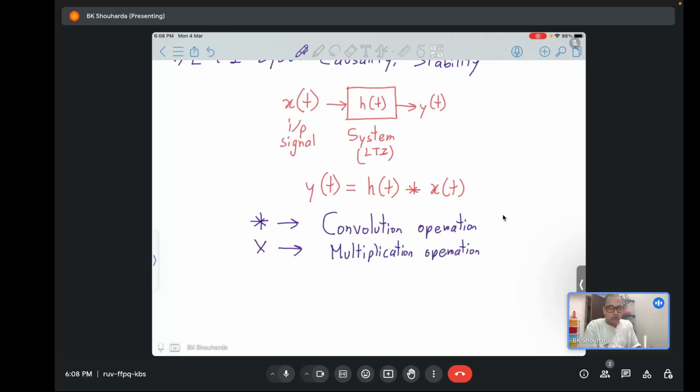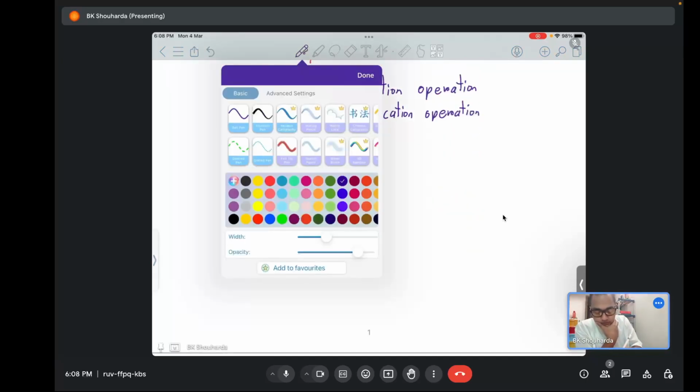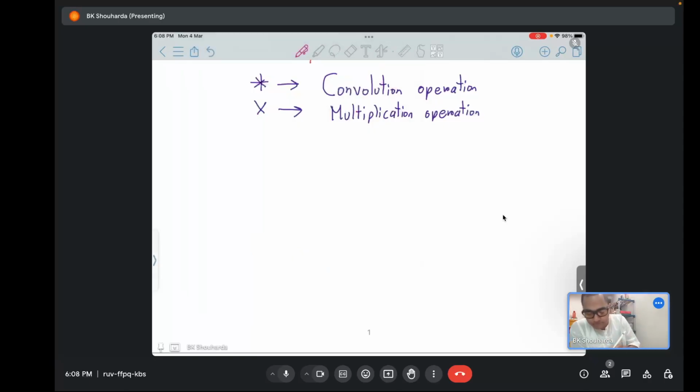Now, how do we define the convolution operation? What is this h of t? The h of t makes sense when you give an input x of t equals delta t into the system.